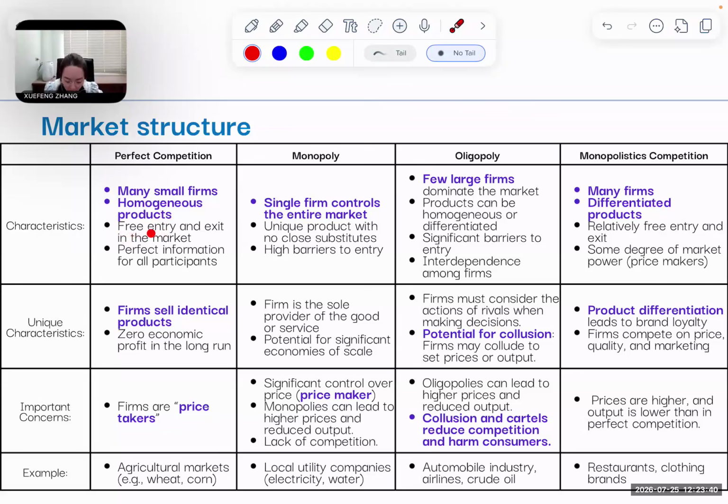Free entry and exit in the market, perfect information for all participants. Zero economic profit in the long run. Firms are price takers. An example is the agricultural market, the wheat, the corn.